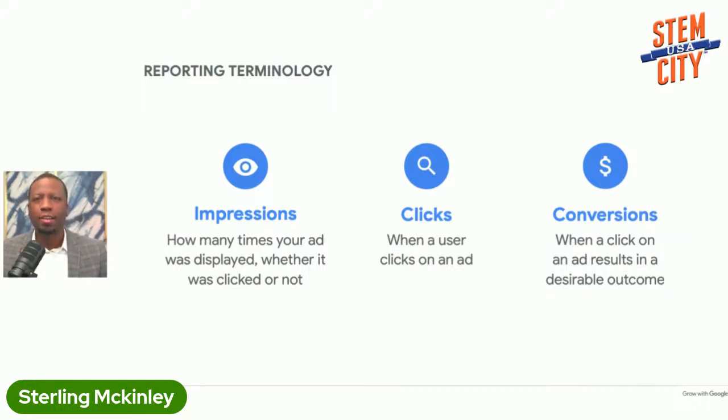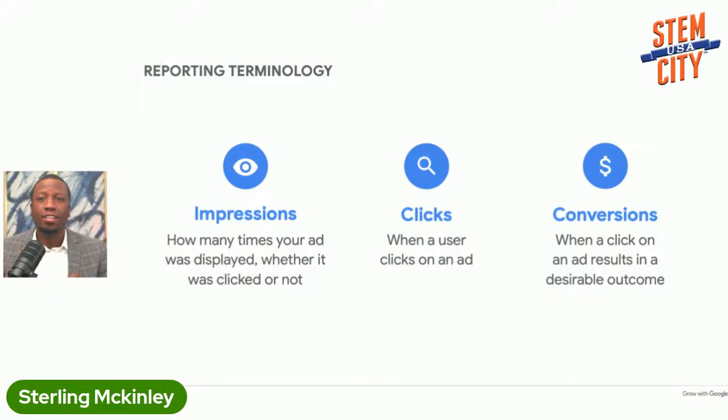Now, most of the time, when we say conversion, we think about a sale, or we think about making money. That is true. A conversion can be a sale. But let's broaden the definition of conversion. A conversion is when a click on an ad results in a desirable outcome. I'll say it again.